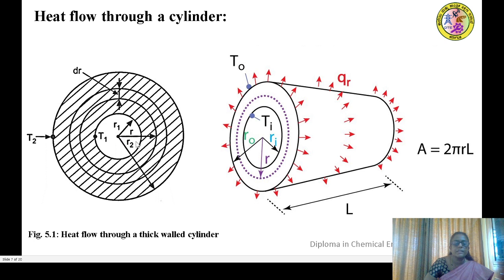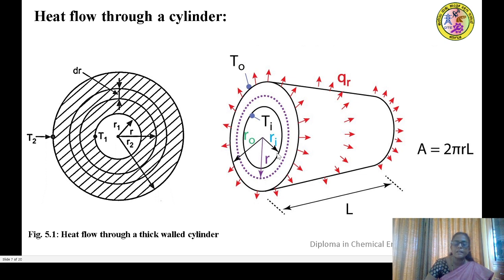Assume a thin cylindrical element of radius r that is concentric with the main cylinder. Also assume that the cylindrical element is having a thickness dr. Okay, so this is a 3D view of the flow through the cylinder. This is the outer wall of the cylinder, and this is the inner wall of the cylindrical pipe. Here the notations taken are a bit different.